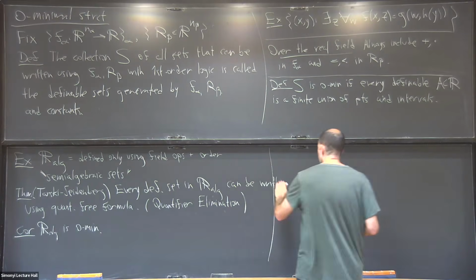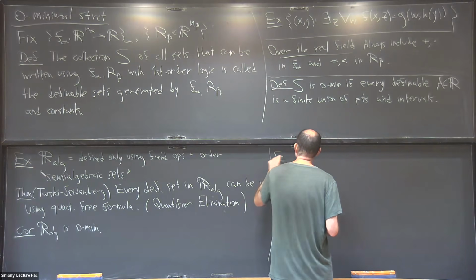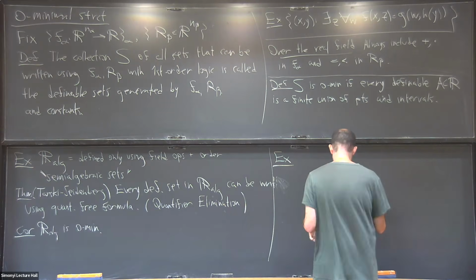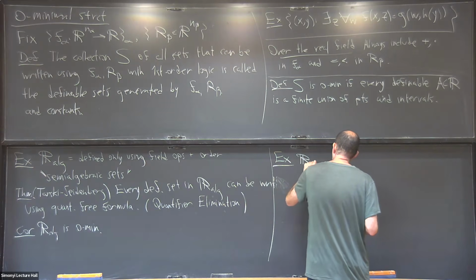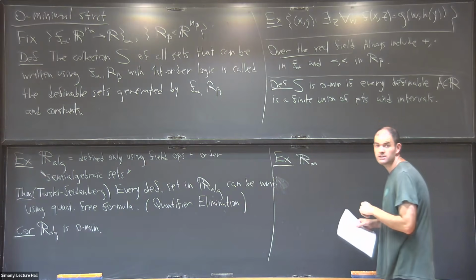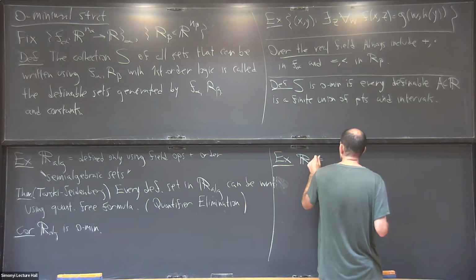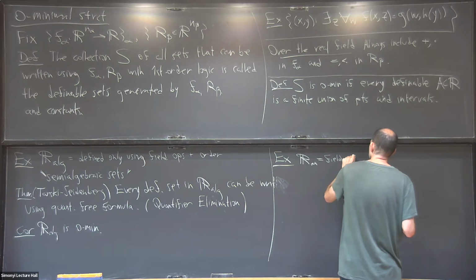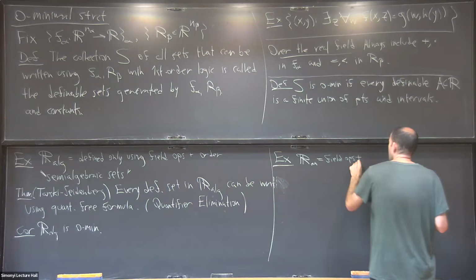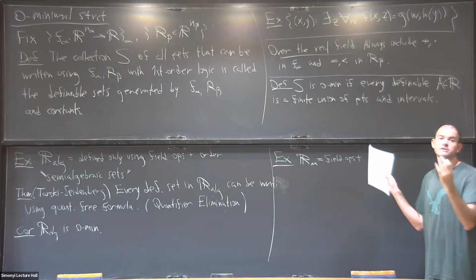So the next example I want to talk about is R_an. In R_an, this little an stands for analytic. This is called the analytic structure. I'm basically going to start with the field operations, which I always put in, and then I'll add all the analytic functions restricted to a cube.